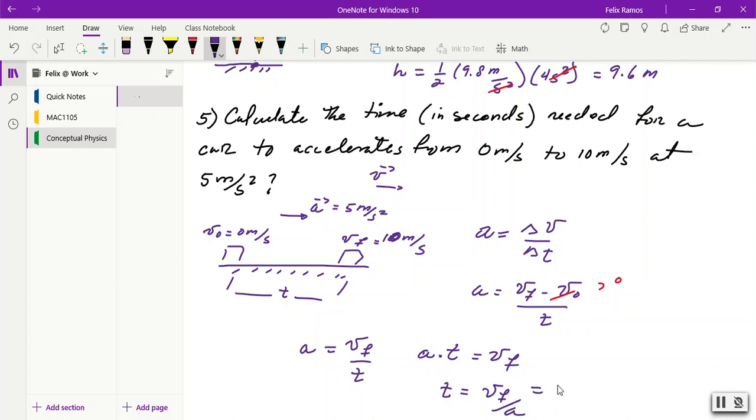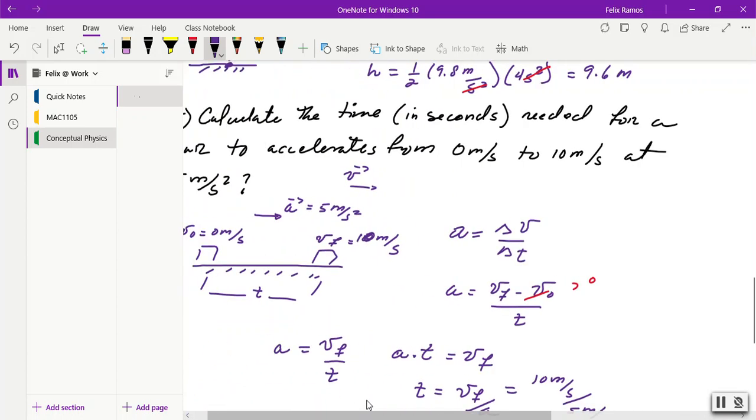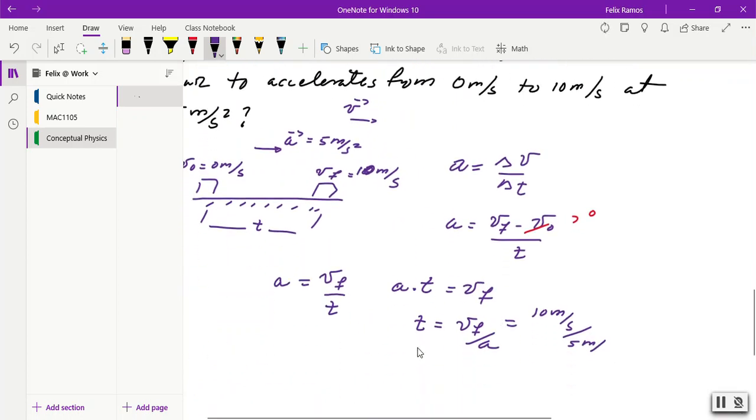So this is 10 meters per second divided by 5 meters per second squared. This is velocity on the top, divided by 5 meters per second squared. So we cancel out meters with meters, and this second with one of the seconds in the second squared.